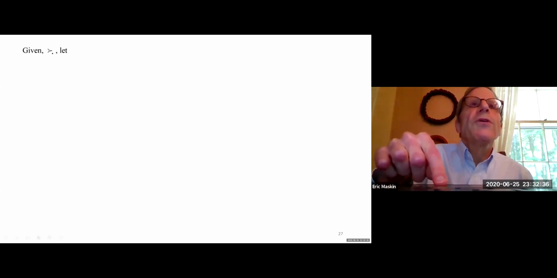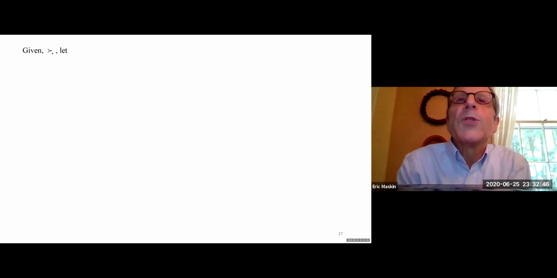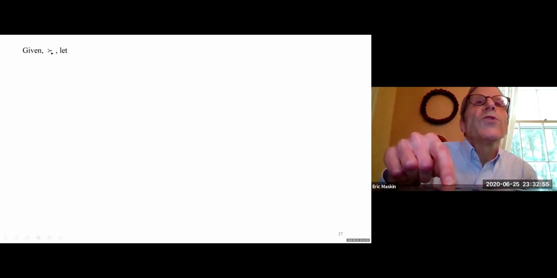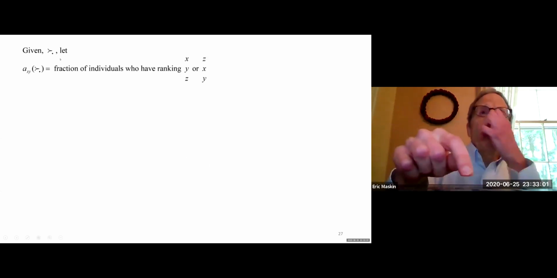So this is my notation for a profile now. I had U dot in the first lecture where we were in principle allowing for cardinal utility, but now with ordinal utility, I'll use this ordinal preference notation.